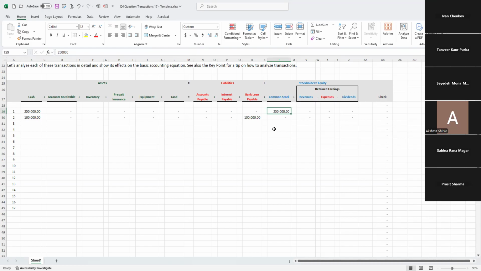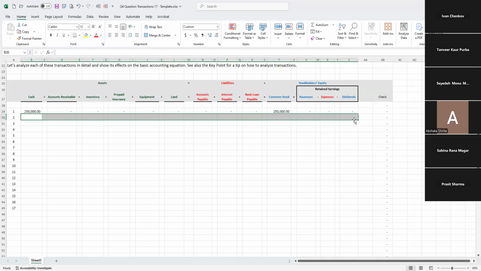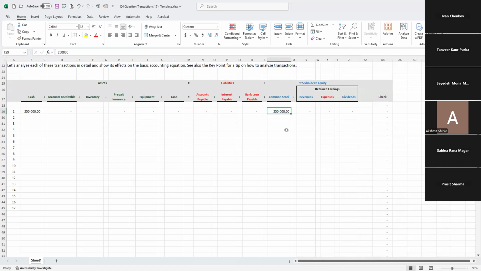So, question for you. With the first transaction, if we decide to liquidate this company, let's say we didn't borrow money from the bank. We invested $250,000 cash and we gave ourselves common shares. What's going to happen if tomorrow we change our mind and say, no, I'm closing this company, I don't want to open it?